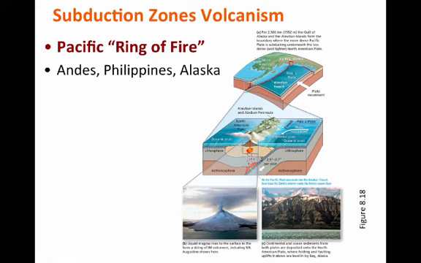So in this way, because of the melt that is occurring underneath, below the overriding plate, in many cases a continental plate, we have a ring of volcanoes, and we call this a Pacific Ring of Fire, and it forms the volcanoes in the Andes, in the Philippines, in Alaska, and they are all an indication of subduction zones.